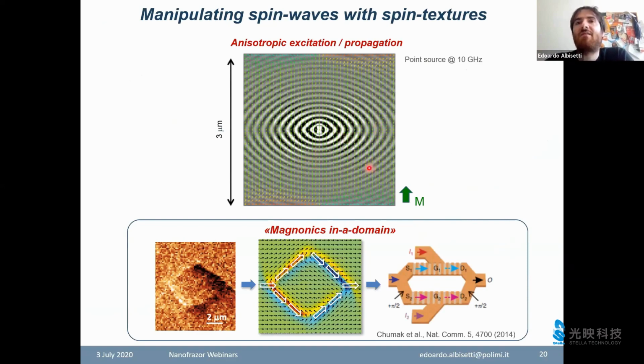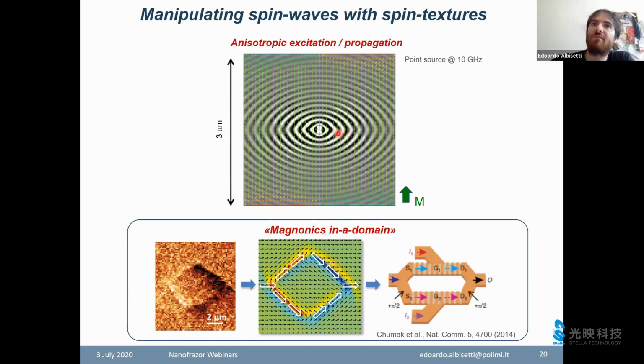If you have this sea of spins all aligned in one direction and you throw a stone into the lake, you have ripples that propagate from the point of excitation to the shore. But depending on the direction that you consider with respect to the magnetization, the wavelength is completely different. And not only the wavelength, but the whole dispersion of spin waves is really different. Which means that if you can control point by point the direction of the magnetization, you can also control the properties of the spin waves that are propagating.